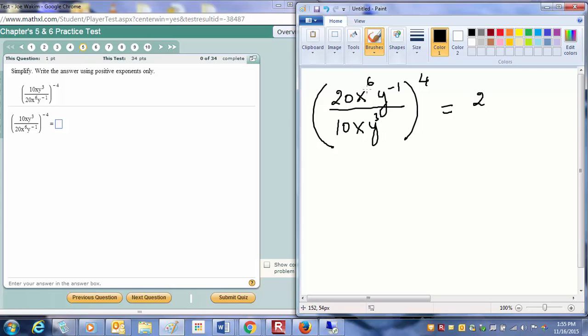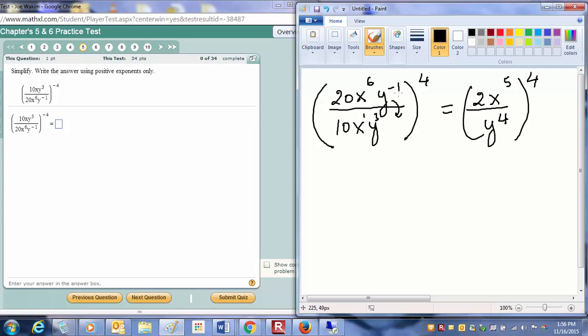x^6 divided by x, 6 minus 1 is 5. So that would be x to the power 5. And y to the minus 1, if you move it to the denominator, it becomes y to the plus 1, and then 1 plus 3 becomes y to the power 4. All of this raised to the power 4. So notice this time I used a different method of dividing.